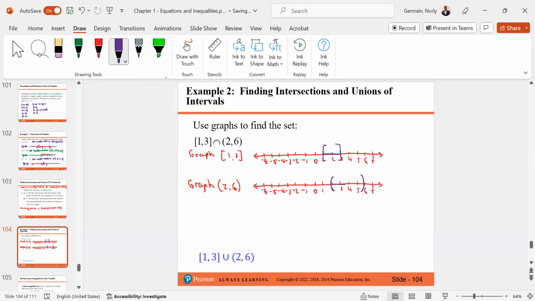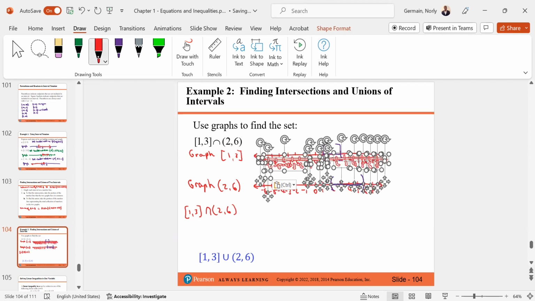Now, looking at the first graph and the second graph, identify the common area. I'm going to do the intersection last, because what they ask us to do is [1, 3] intersect [2, 6]. How are we going to do it?